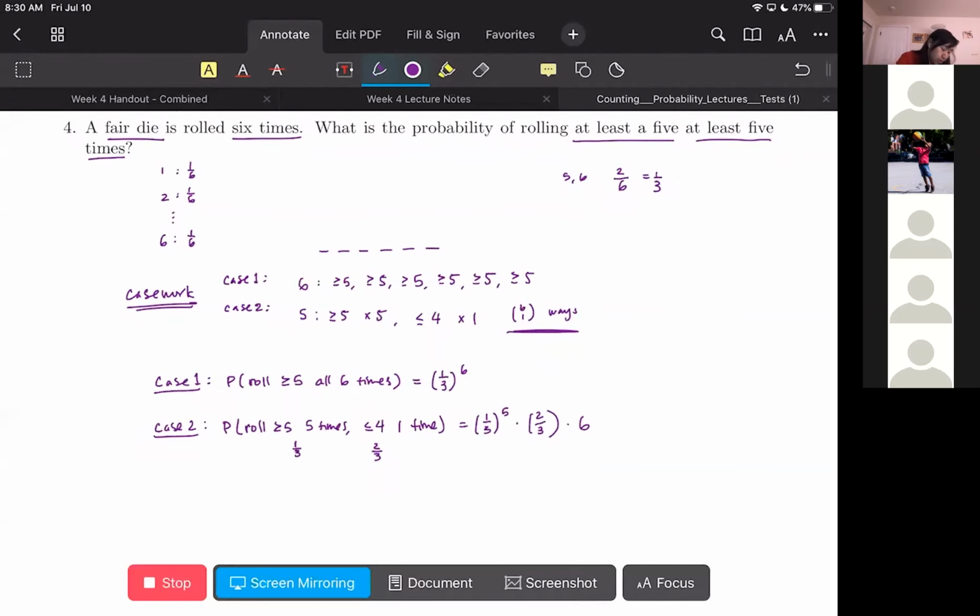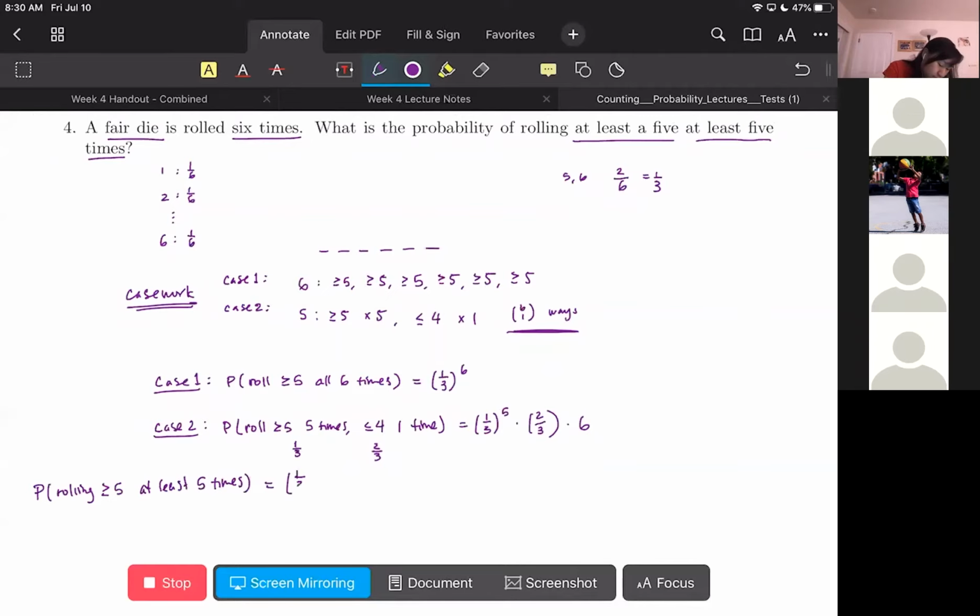So now we can put it together. The probability of rolling greater than or equal to 5 at least 5 times equals the sum of the probabilities in the 2 cases, because it could either be case 1 or case 2. So that's going to be 1/3 to the 6th plus 1/3 to the 5th times 2/3 times 6.